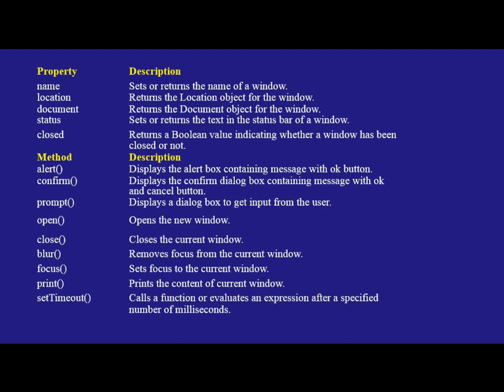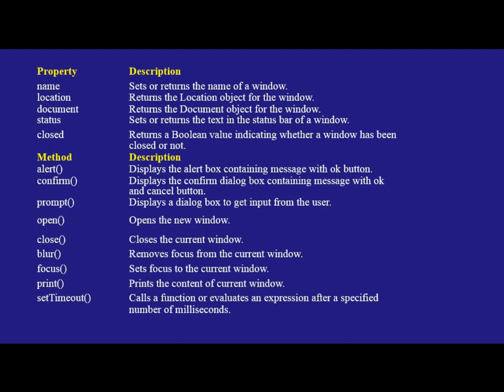Location. By using this property you can return the location object for the window. Next property, document. This property we mostly use to return the document object for the window. Means whatever content you are writing in that particular window that you are going to display in the same window, we can use the document property.